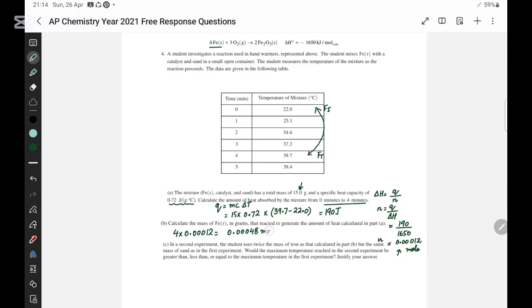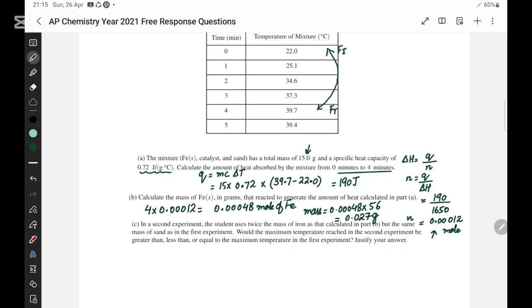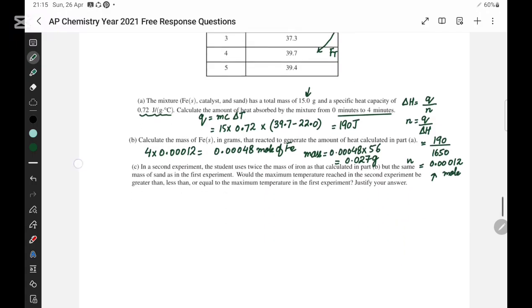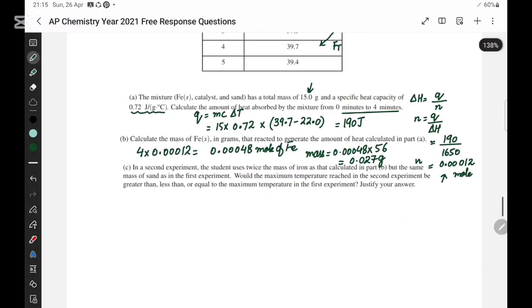These are the moles of Fe. So for mass, we are going to multiply the moles 0.00048 by the molar mass, which is 56, and the final answer comes out to be 0.027 grams.